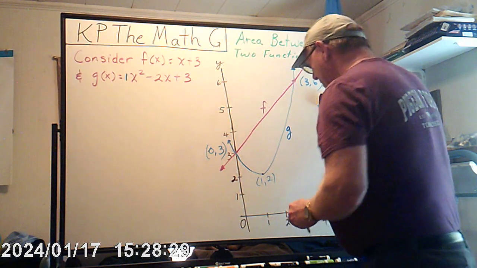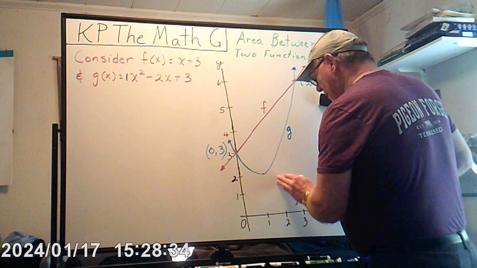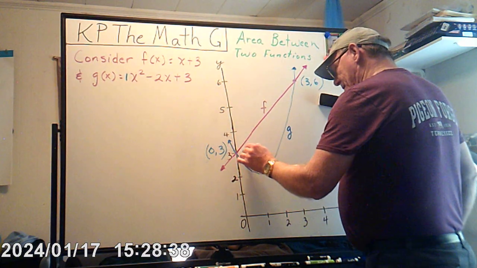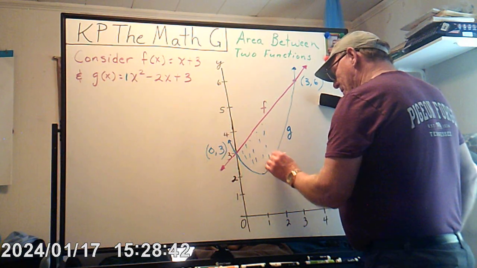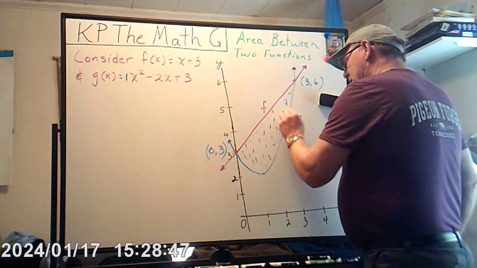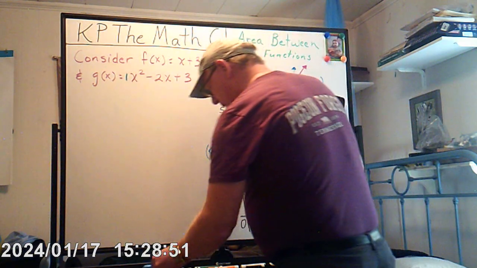Okay, now here's what we want right here. Okay, I don't need that point there either. I want to find this area right in here, don't I? All of this area between the two functions right here. I want all of this area. Okay, like that. Alright. So here's what I'm going to do.